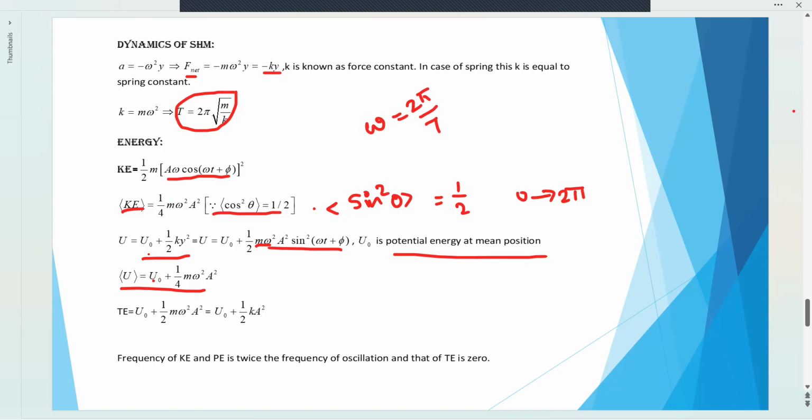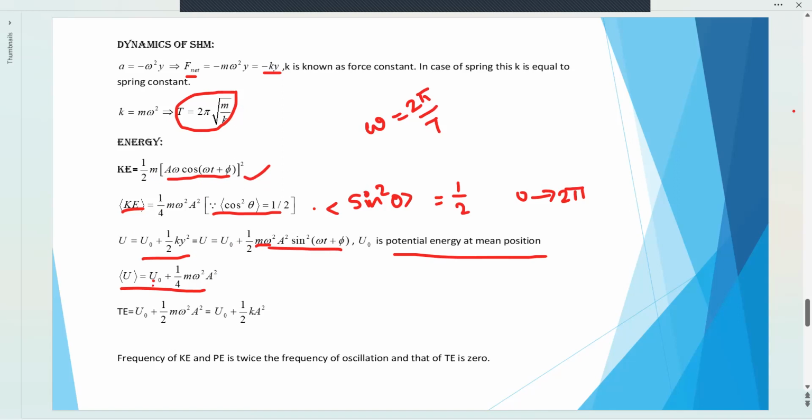Now coming to total energy, means total mechanical energy is equal to potential plus kinetic. We can see kinetic how much? Half m omega square a square cos square function. Potential energy is U naught plus half m omega square a square sin square function.